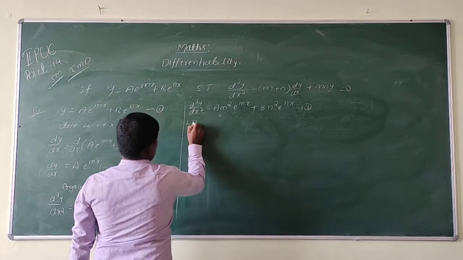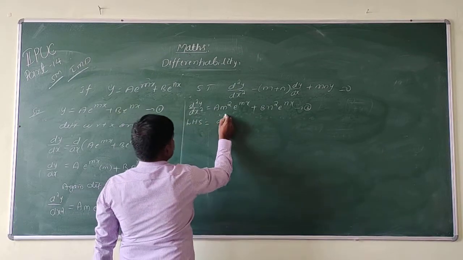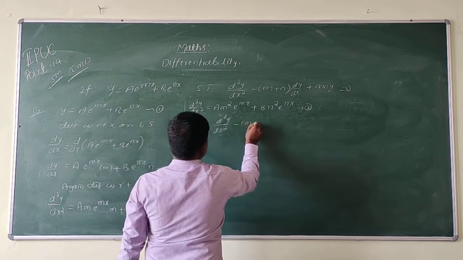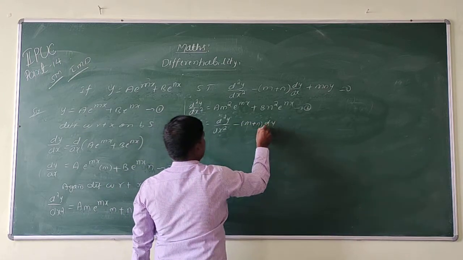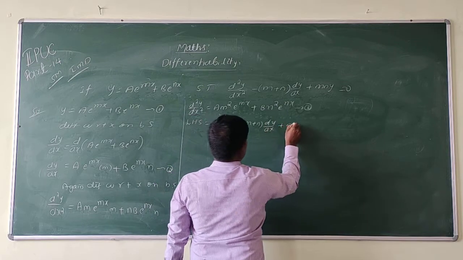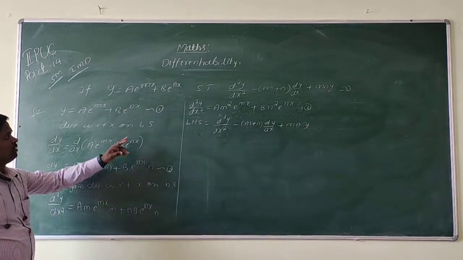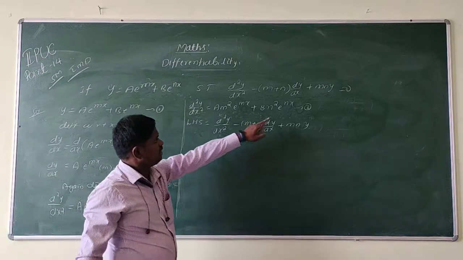So the LHS is d square y by dx square minus m plus n into dy by dx plus m n into y. Substitute equations 1, 2 and 3 here.